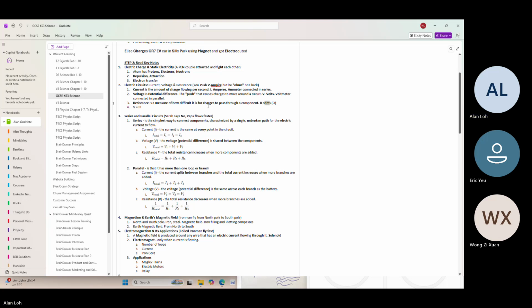Now, Shen, open drawer number 2, and the name of drawer number 2 is current, voltage, and resistance. Put yourself inside drawer number 2, and also put a vampire inside drawer number 2. Okay, and that's it. You can close the drawer, close the door. Okay, hopefully the vampire doesn't kill you.